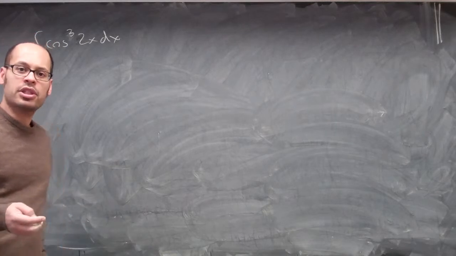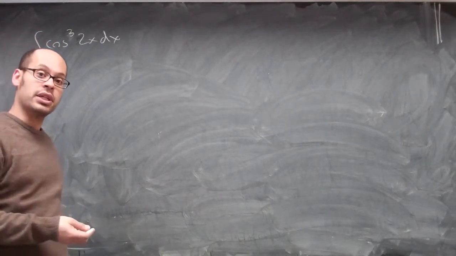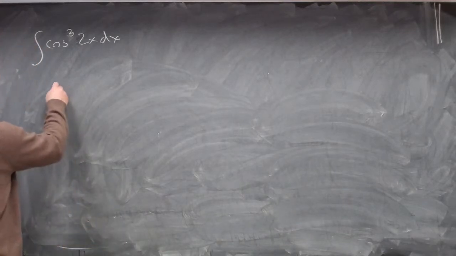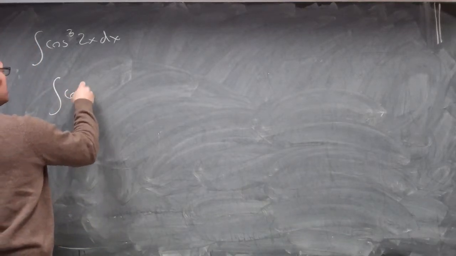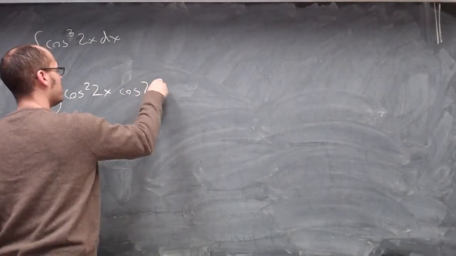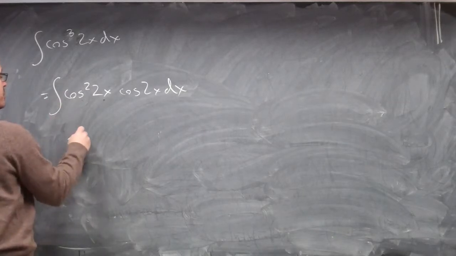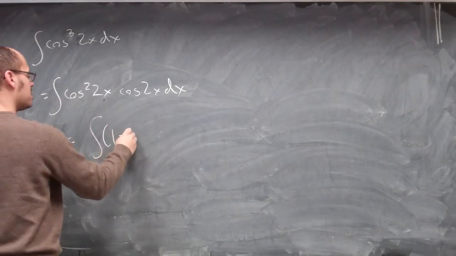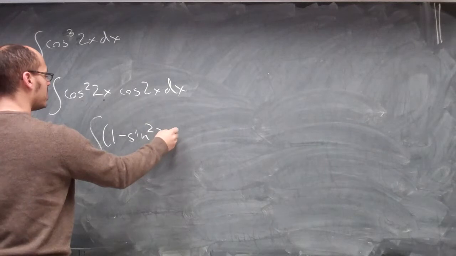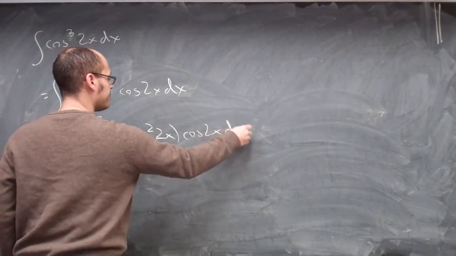For this one, cosine cubed of 2x, we're going to use the standard strategy of converting two of the cosines into sines. So that'll look like, let me just break this up as a cosine squared of 2x and a cosine of 2x. And this cosine squared, I'll change into a 1 minus sine squared of 2x, and then cosine of 2x dx.